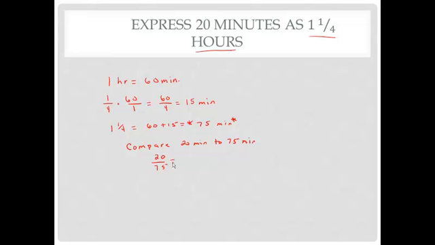I can divide both the top and the bottom by 5. That gives me 4 over 15. So that tells me that 20 minutes is 4 over 15 of 1 1/4 hours. So 4 over 15 would be our answer.